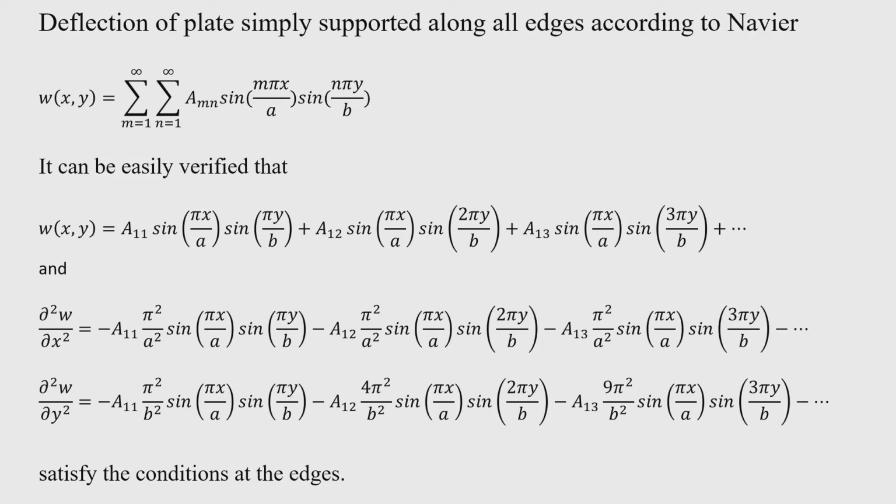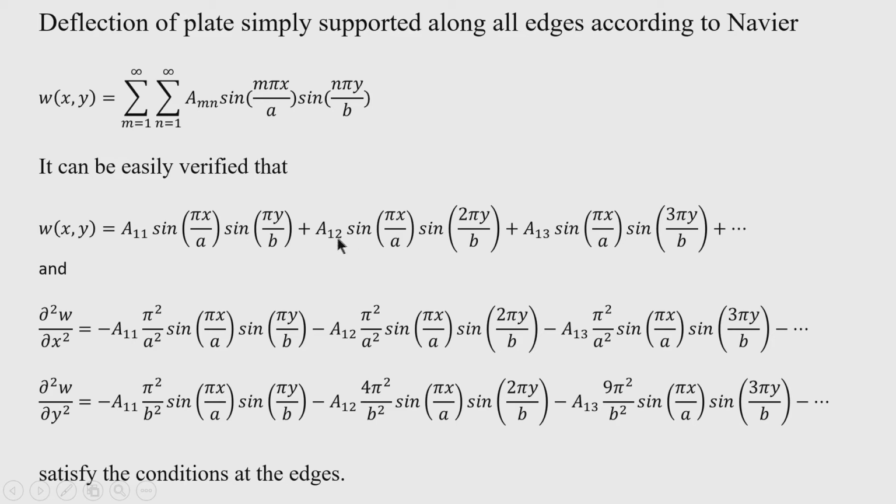So, W is equal to double sum AMN sin m pi x by a sin n pi y by b. So, two terms you are seeing. Now, if you expand this, you can write the first term as A11 sin pi x by a sin pi y by b. This is the first term, you can call it a generic term.